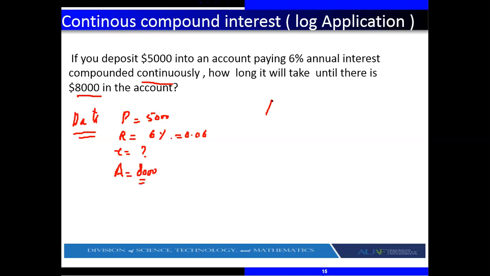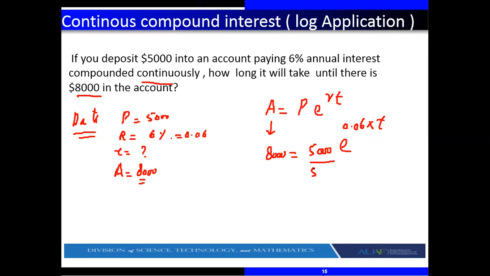So we have the formula A equal to P e power rt. A is 8,000, the principal amount is 5,000, e power rt, where r is 0.06 multiplied by time. We don't know the time.